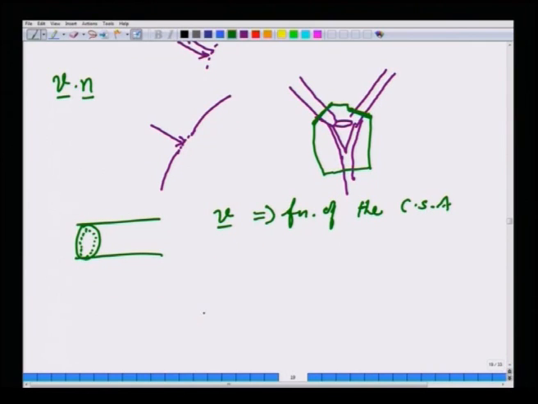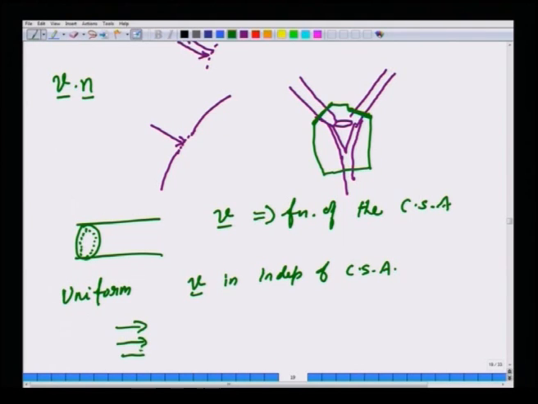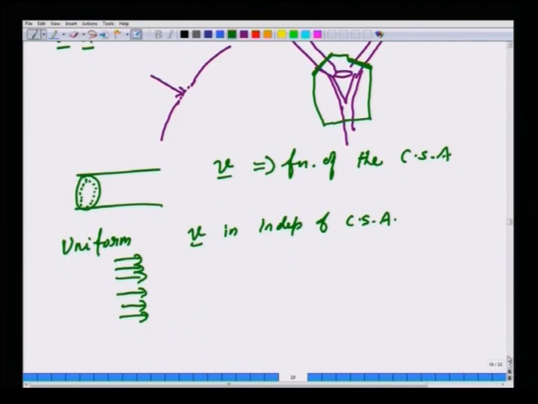But if you assume the flow to be uniform, then V is independent of the cross sectional area. That means that at each and every point the velocity vector is pointing in a constant direction and the magnitude is also constant. If so, we have V dot n dA is 0.